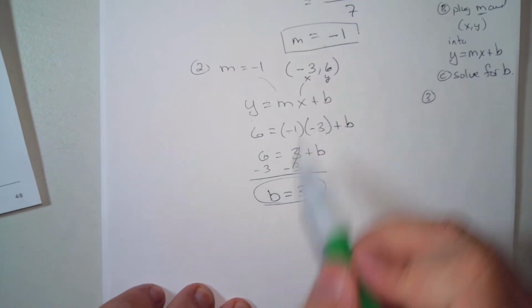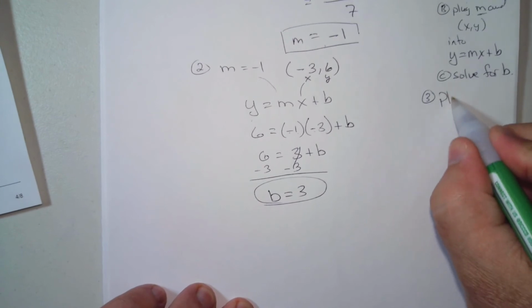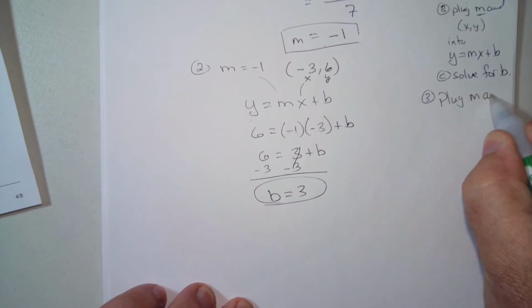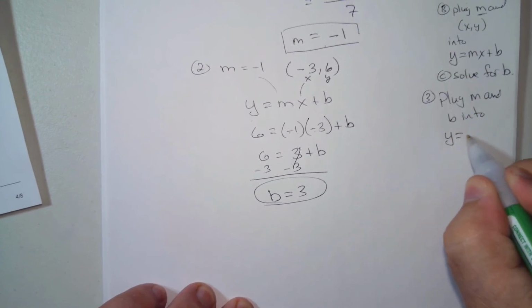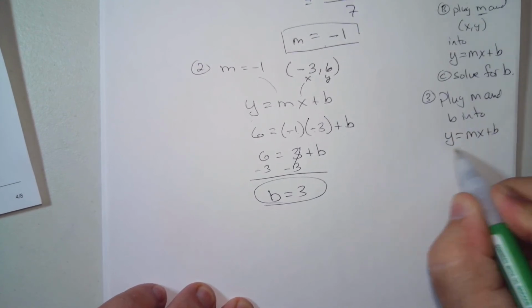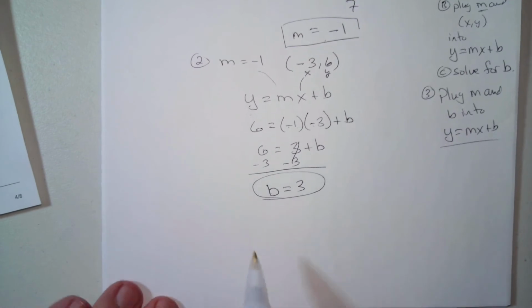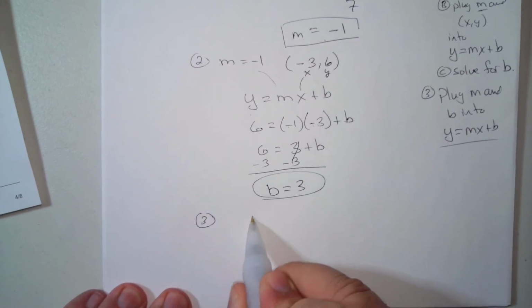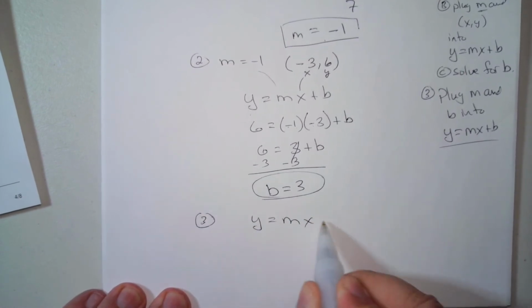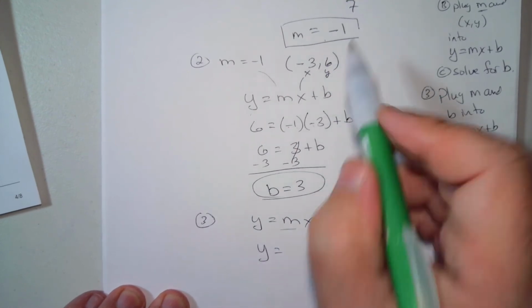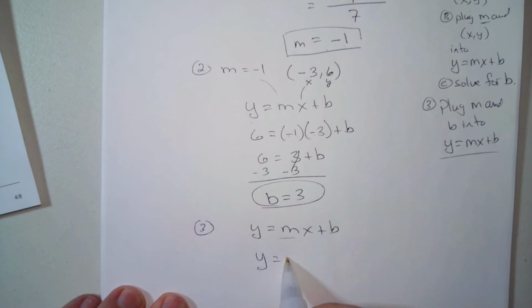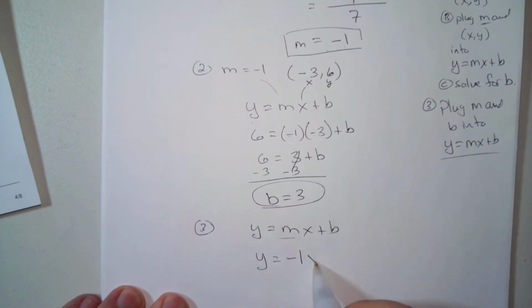I have m and b. Plug m and b into y equals mx plus b, and you're done. So m is negative 1, x, b is 3.